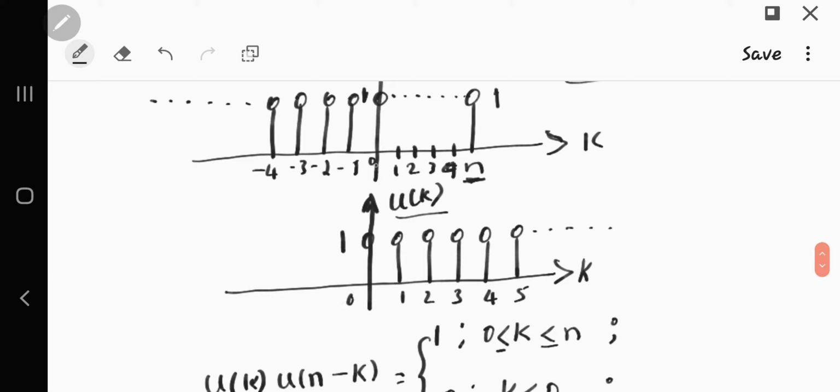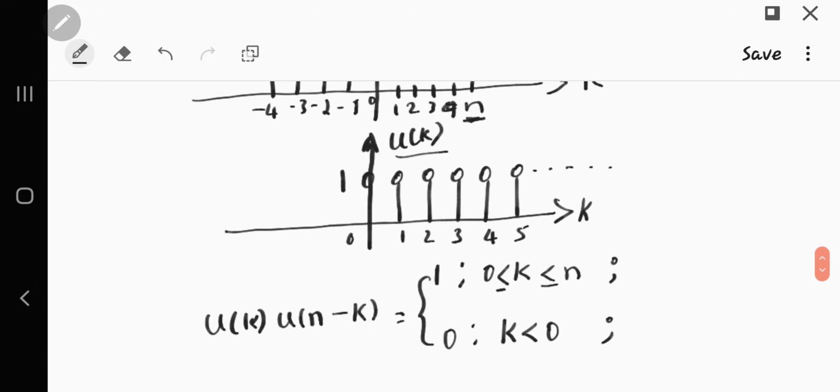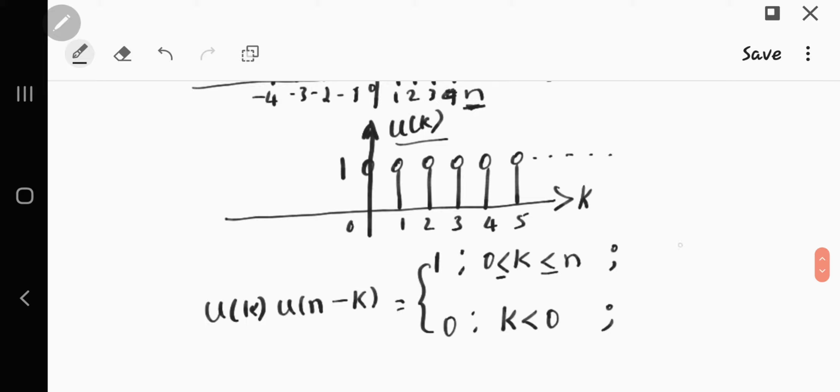For values of n which are less than 0, nothing is existing, so the signal will be 0 only. So you can represent it like this: u of k, u of n minus k will be 1 for values of n which are greater than or equal to 0, and for values of n which are less than 0, it will be 0 only. So this is with respect to index k, and this is with respect to n, that is our final output signal.